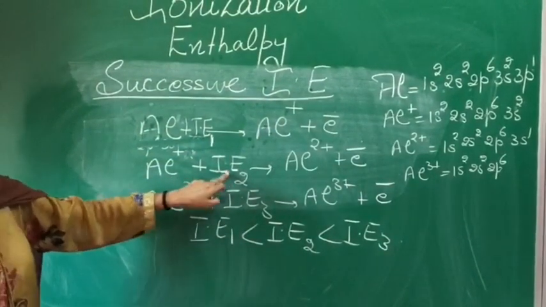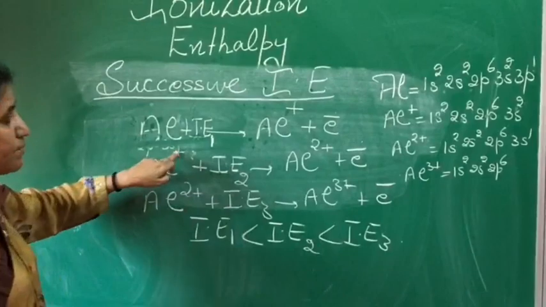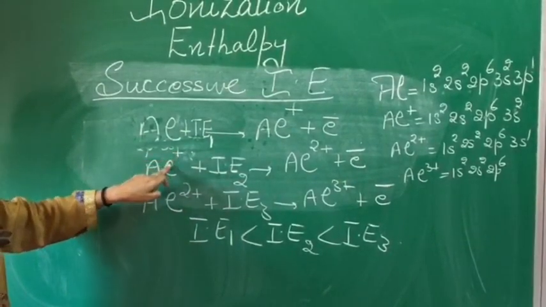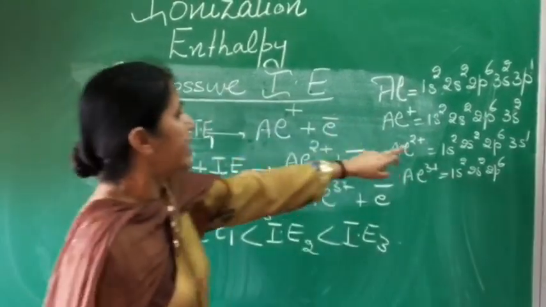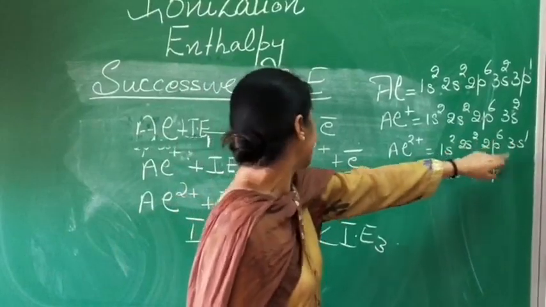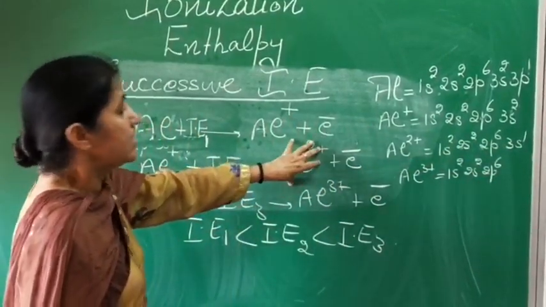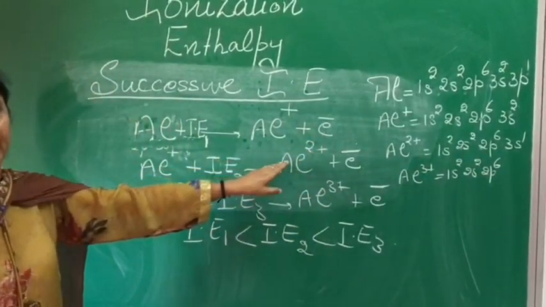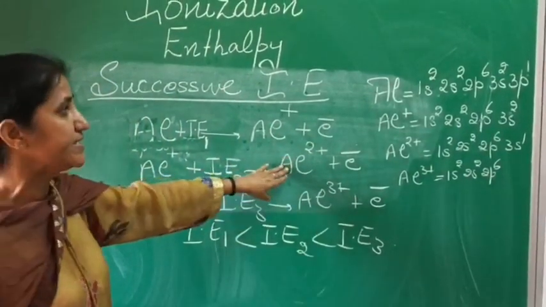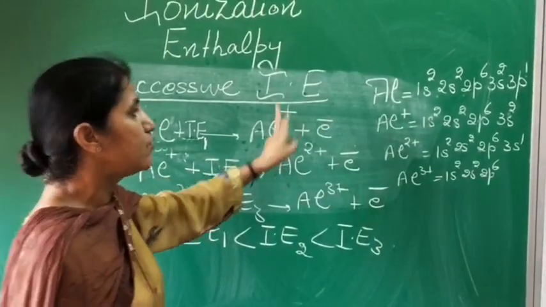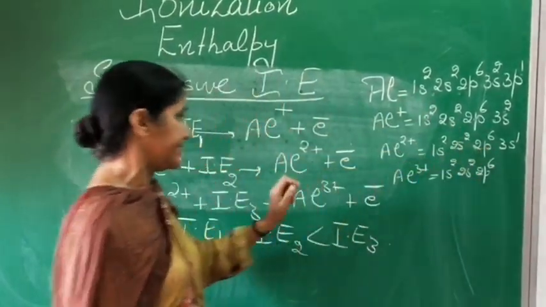So after giving IE2 to the Al+ ion, the configuration will be 1s2, 2s2, 2p6, 3s1, that is it will be Al2+. Now here the hold of the protons on the electrons will further increase because here also the removal of one electron takes place.